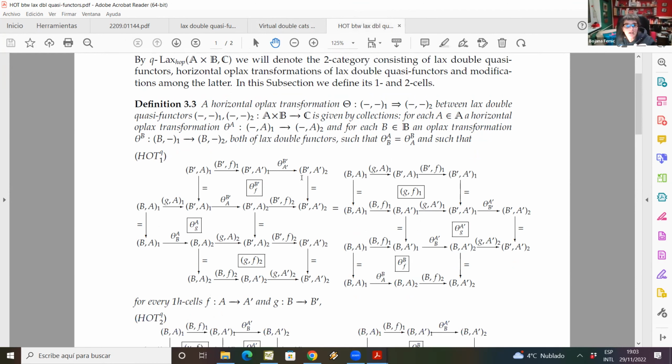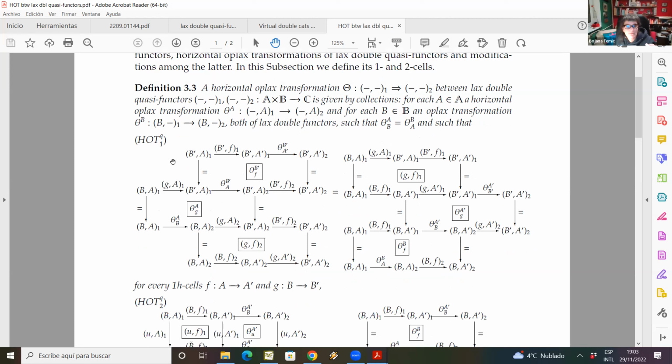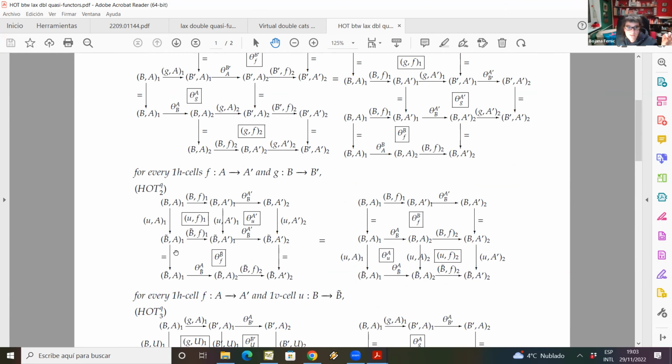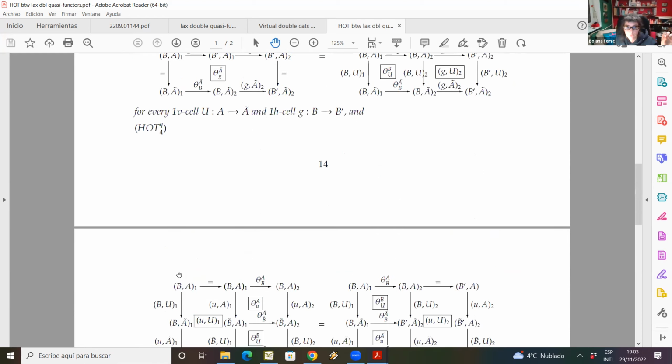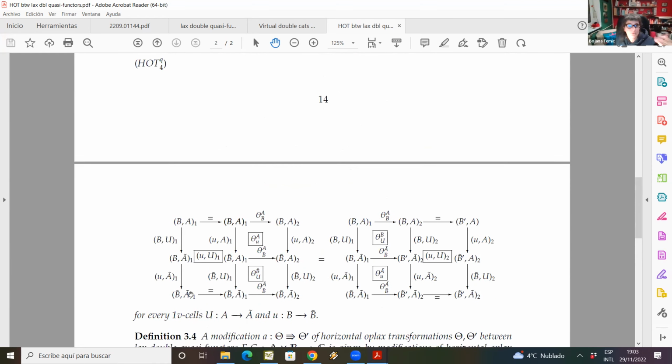And then there are four types of axioms. So this is HOT for horizontal oplax transformation, and then Q for quasi, HOTQ. So there are four. This first one is the same as for two-categories. And then we have these more: number 2, number 3, and number 4. And then also modifications.